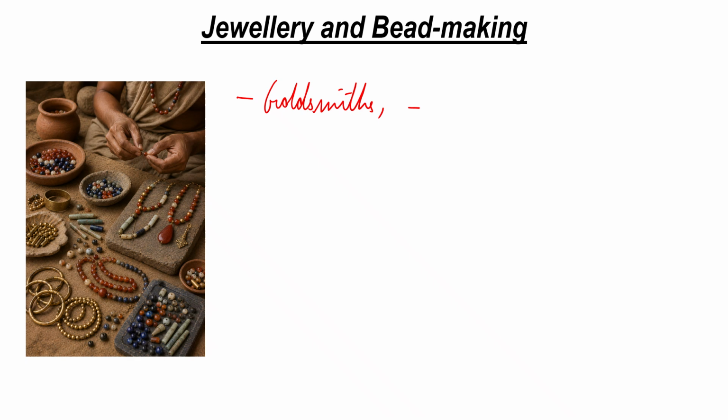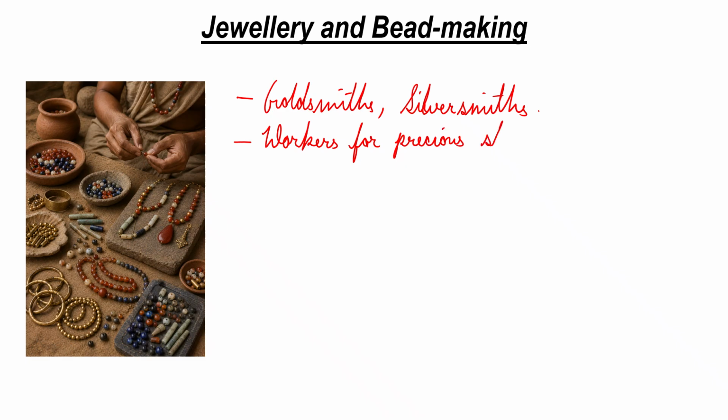So goldsmiths were there along with silversmiths, and also workers for precious stones and bead making. You see, these are beads, ornaments made. You see, a necklace being made, and beads were drilled with holes.